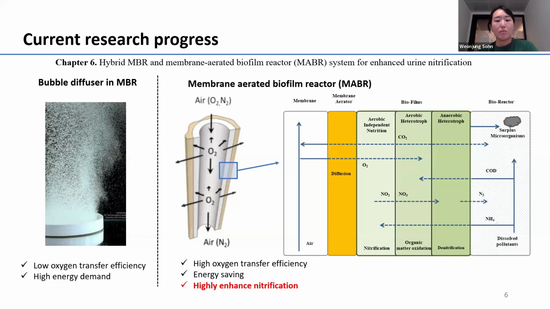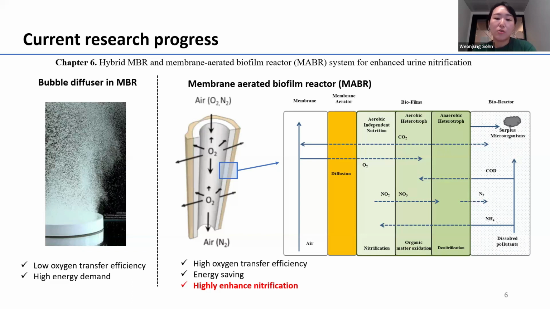On the other hand, membrane aerated biofilm reactor, MABR, utilizes hollow fiber membrane as an aerator to diffuse oxygen through the membrane to the attached biofilm. So this MABR features high oxygen transfer efficiency, thereby saves energy and highly enhances nitrification.